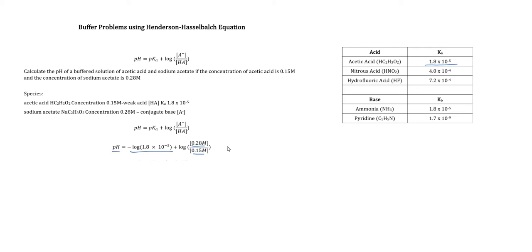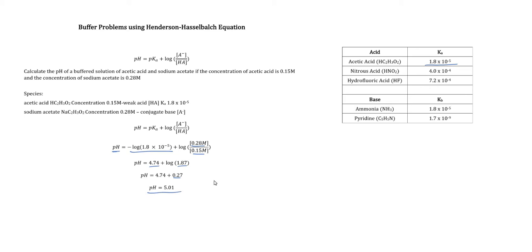Now when I look at my equation, I see that it's going to be very simple to solve for the pH. I have one variable, everything else is plugged in. Now it's just working through the math. So first I'm simplifying the negative log of the Ka. Then I'm going to simplify my ratio of conjugate base to weak acid. Next I take the log of my second term, add these two together, and I get a pH of 5.01.